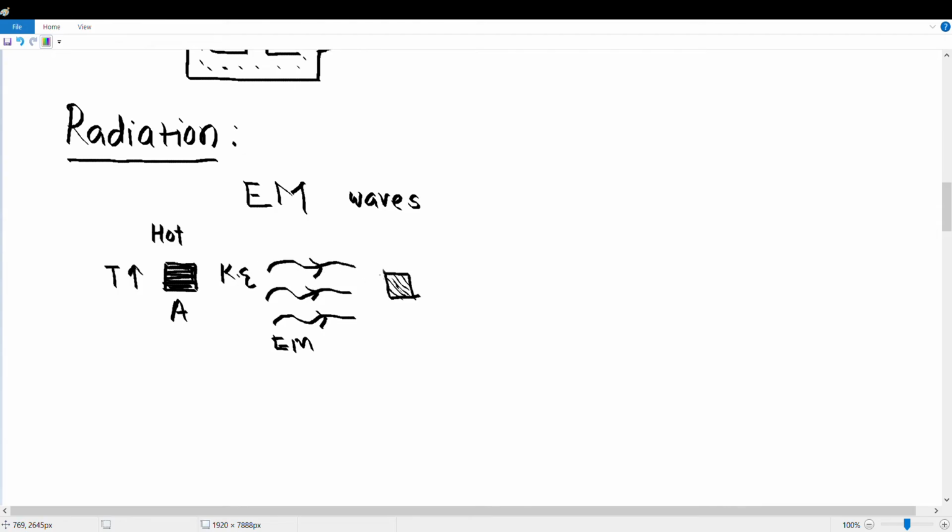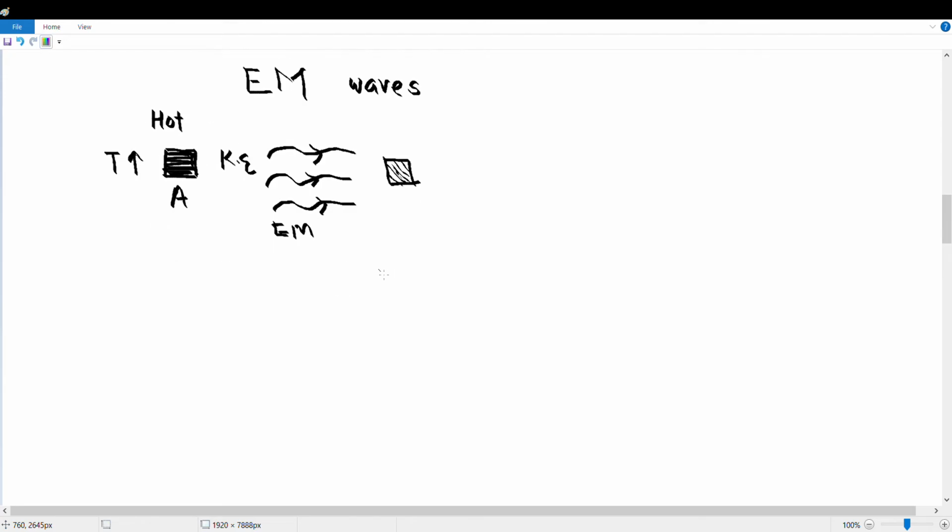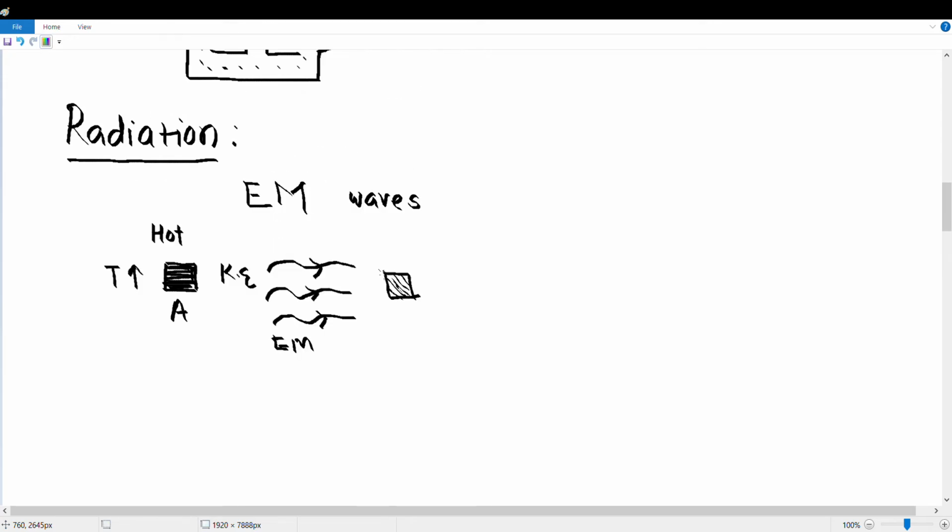These electromagnetic waves do not require any material medium for their propagation. These electromagnetic waves can travel even in vacuum. So in this way, the process of heat transfer is carried out.